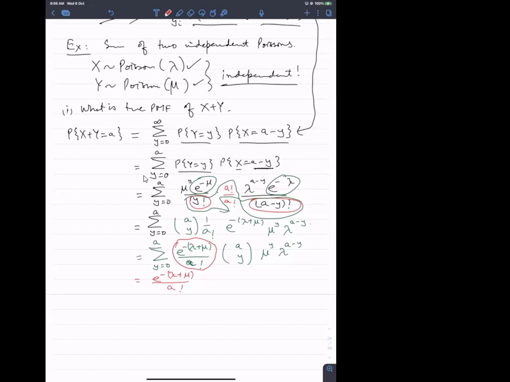What remains is the summation y equal to 0 to a of this.